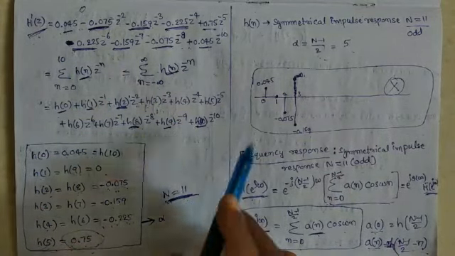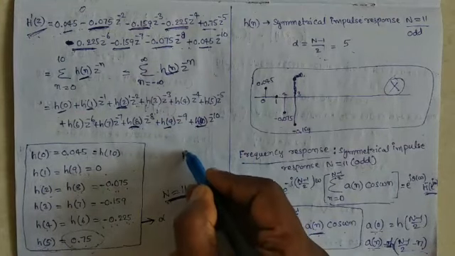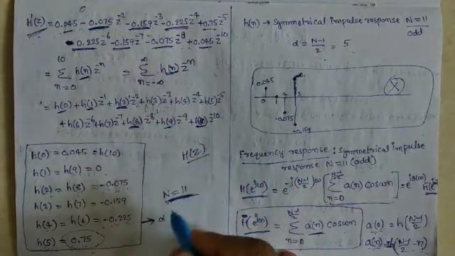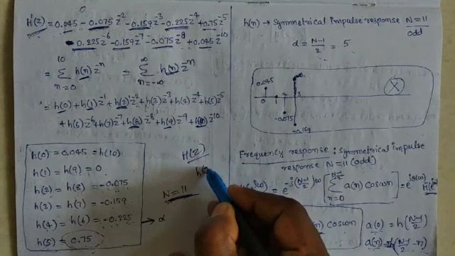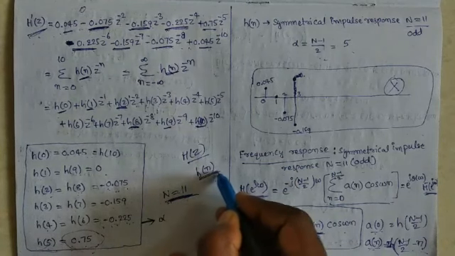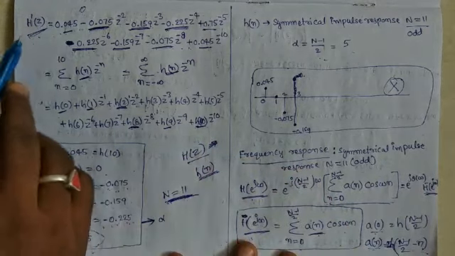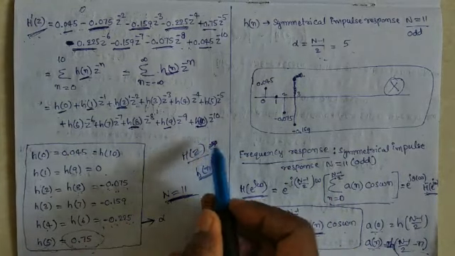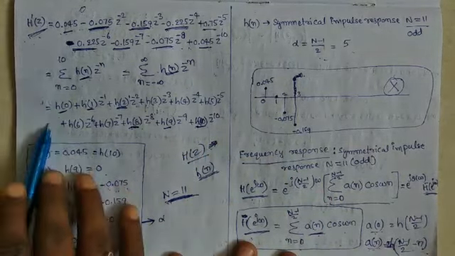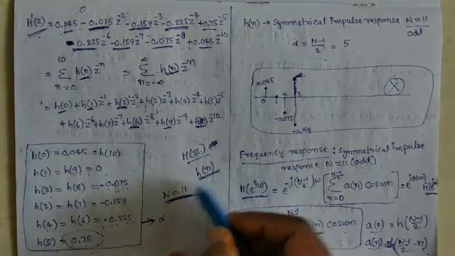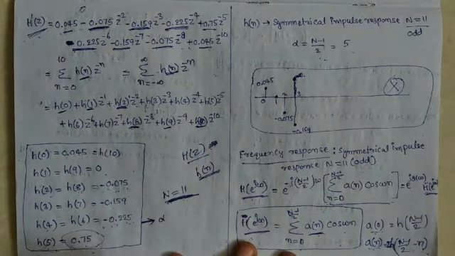Here in the problem we are first determining h of z, then we are determining h of n. h of z is the causal filter transfer function. From this we are determining the impulse response for capital N is equal to 11.